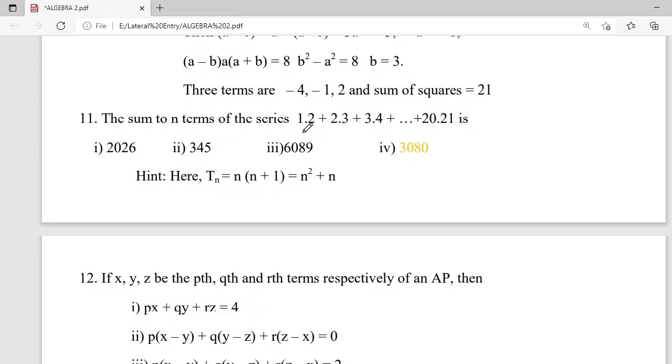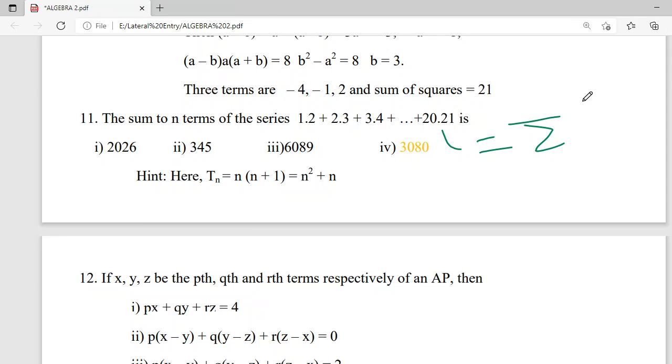So this is equal to summation of n square plus n, and n is varying from what? Oh sorry, yes, it is given, it is 20. So 1, 2, 3 up to 20. So you may write n is varying from 1 to 20.